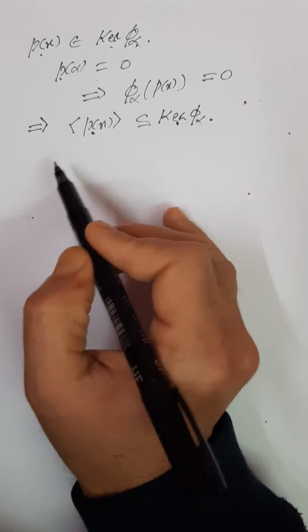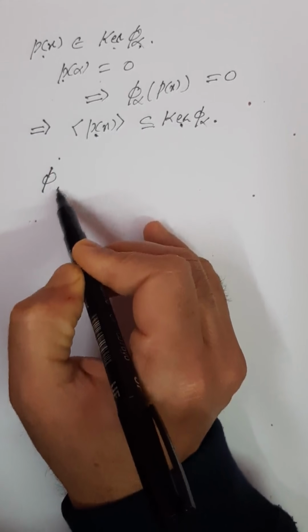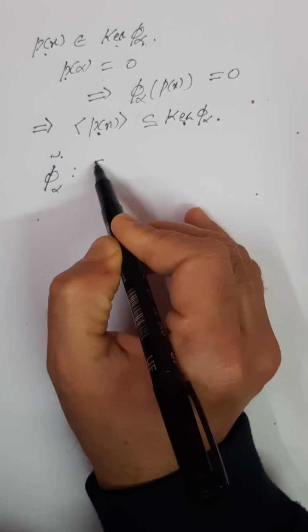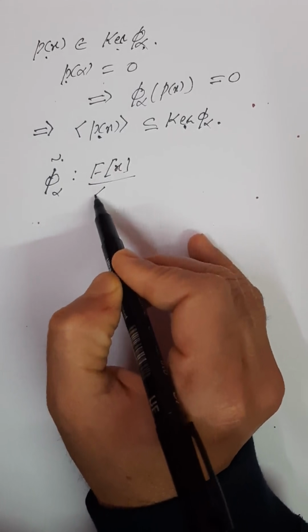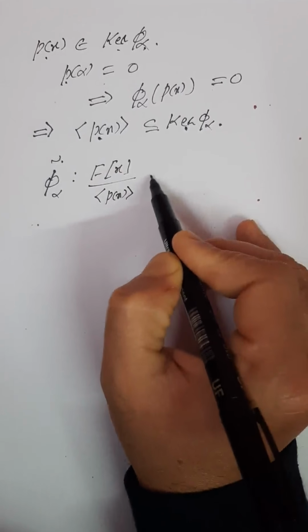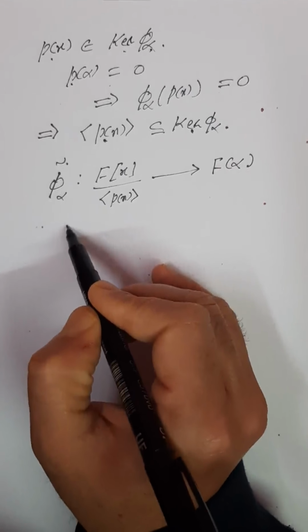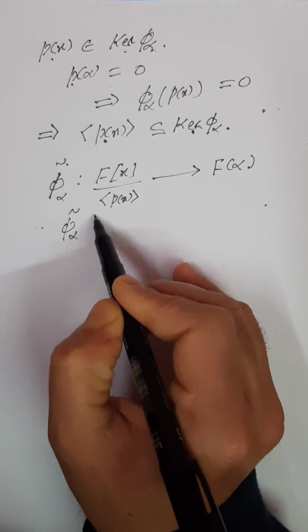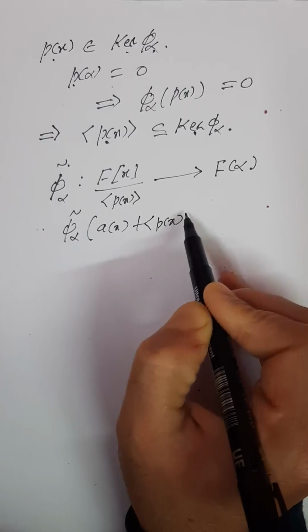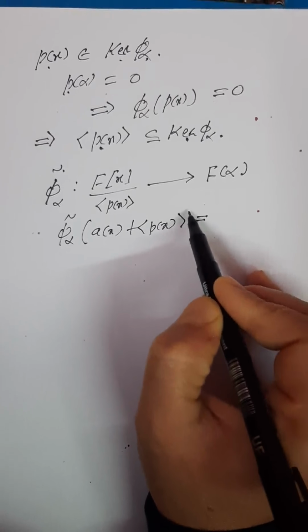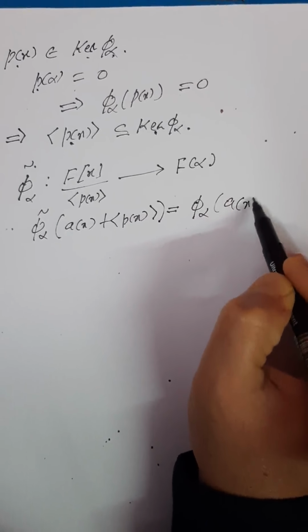This means the ideal generated by p(x) is contained in the kernel of phi alpha. Once you have this property, you can define the induced homomorphism, phi alpha tilde, from the quotient field F[x] modulo the ideal generated by p(x) to the field F(alpha), by defining phi alpha tilde of a(x) plus the ideal generated by p(x) as phi alpha of this polynomial a(x).